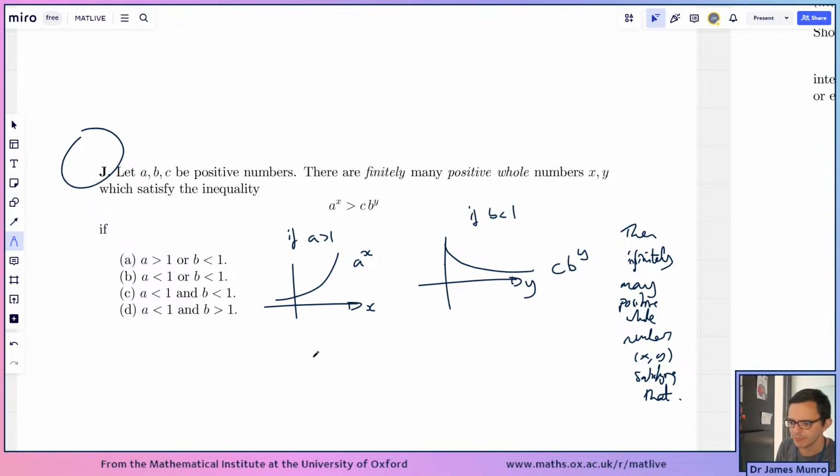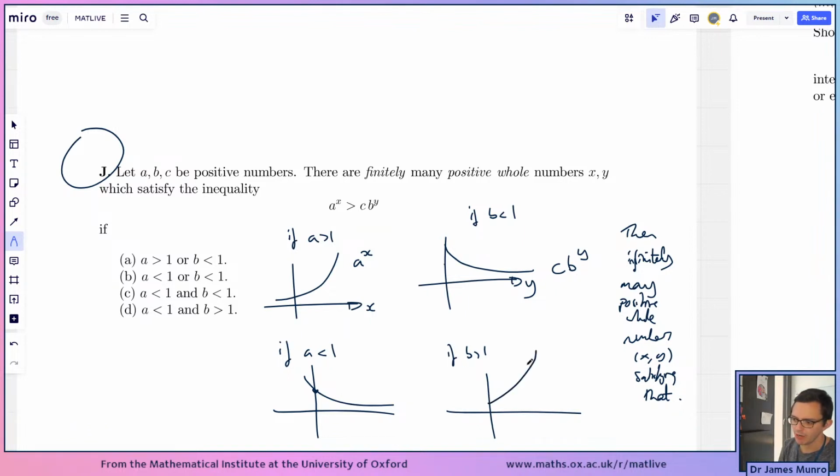Let's see if I can draw a picture. So if a is less than 1, then this side will come down, it'll start over here and it'll come down. And if b is bigger than 1, then this side will go up.